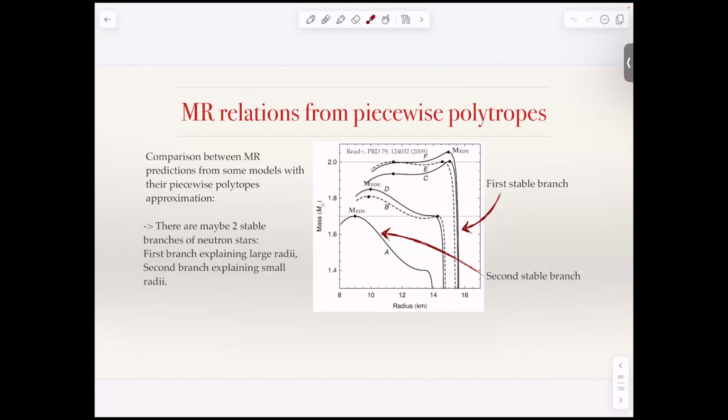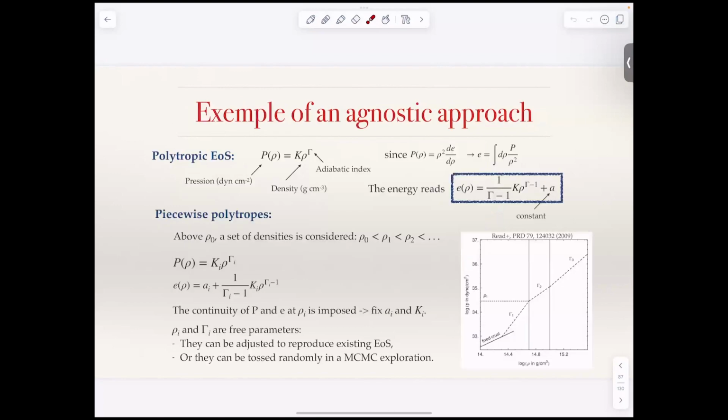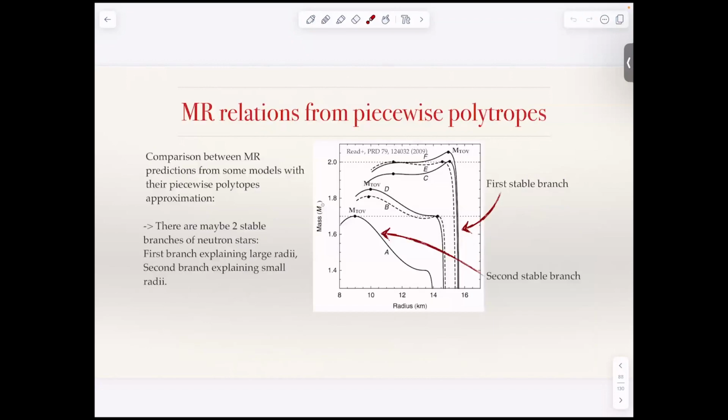So the piecewise polytrope is not perfect, that for sure. It can be improved if you increase the number of pieces. For instance, here there are 3 density intervals, 1, 2, and 3, to map the equation of state, and this figure has been generated with these 3 intervals.